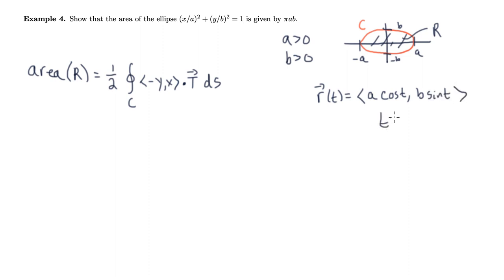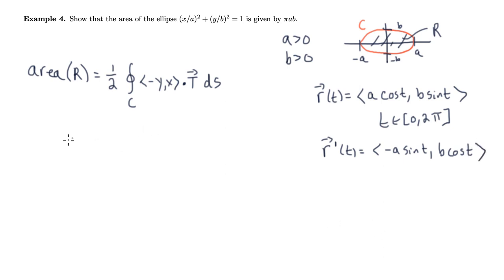And here t will go, just like for a circle, between 0 and 2 pi. Okay, and we'll need the derivative to set up our line integral. So this will be minus a sine t, and then b cosine t.